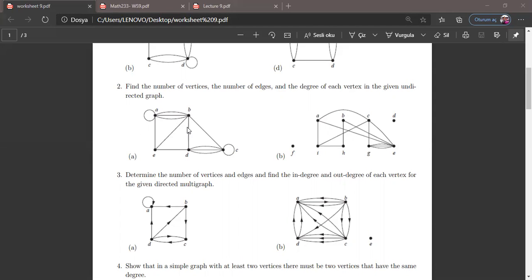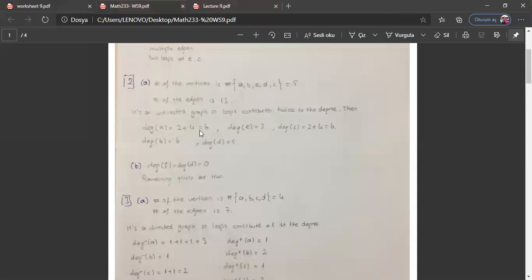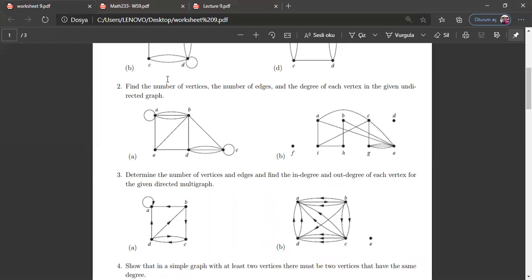For A, we have a loop, which contributes 2 to the degree of A. And we have 1, 2, 3, 4 edges. For each of them we add 1, so we have 4. Thus, the degree of A is 6.